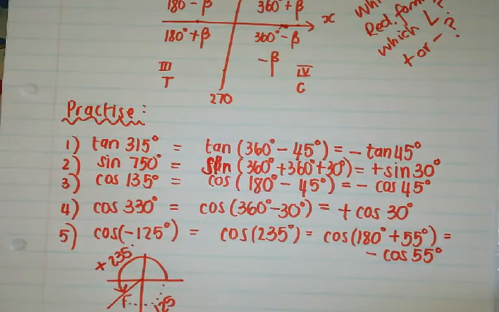Cos negative 55. Yes, Jade? So what do you mean by the other way? So what did you write? And how did you calculate it? Gives you negative 125. So say again, sorry.